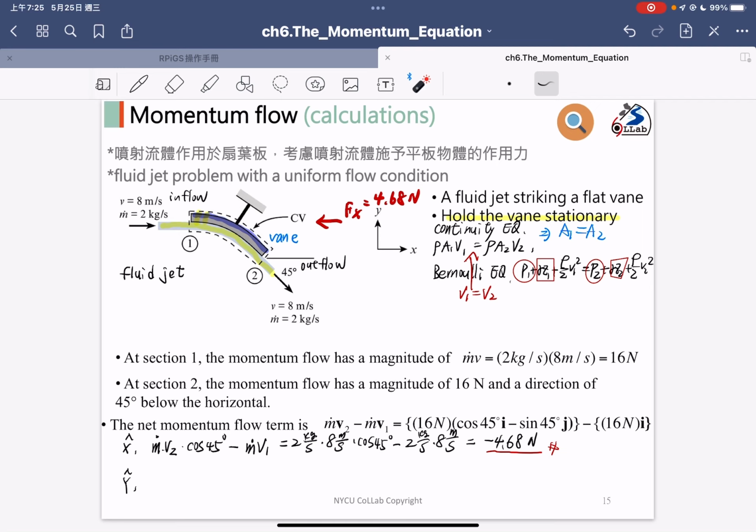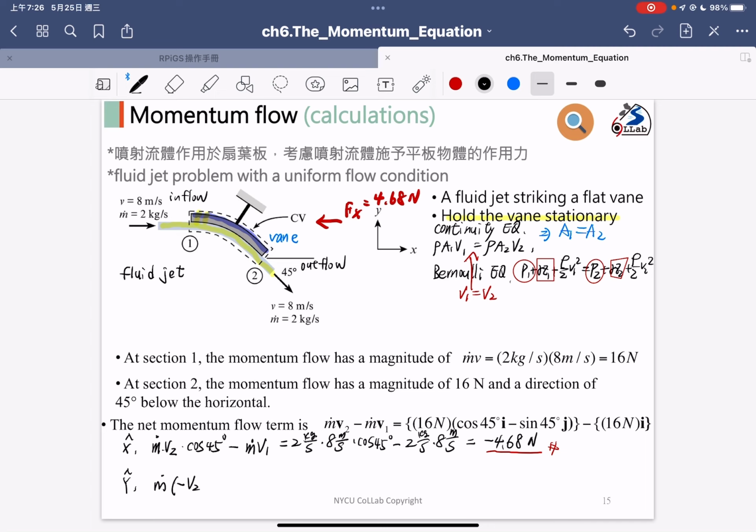Again we have the mass flow rate multiplied by the outflow velocity, but I need to project to the y direction, and right now the velocity direction is downward, so we need to use the minus V2 projected to the y direction.